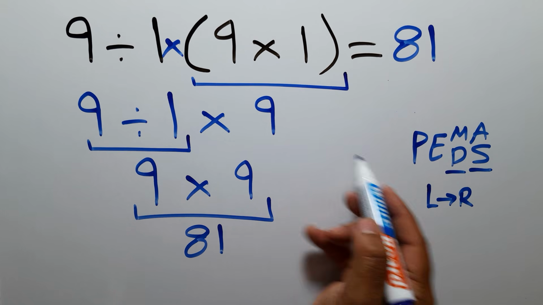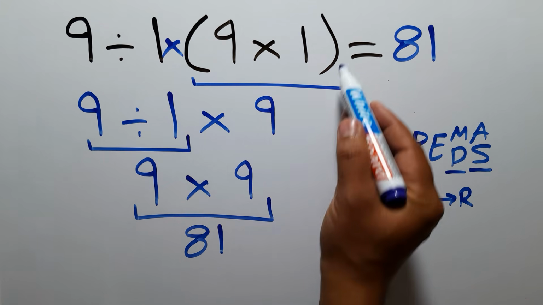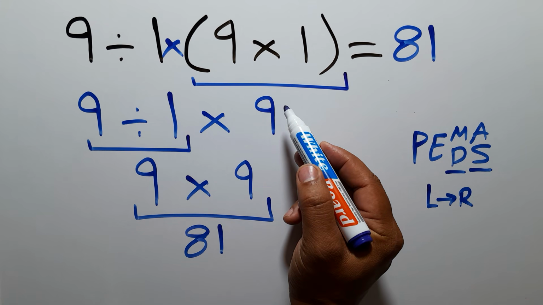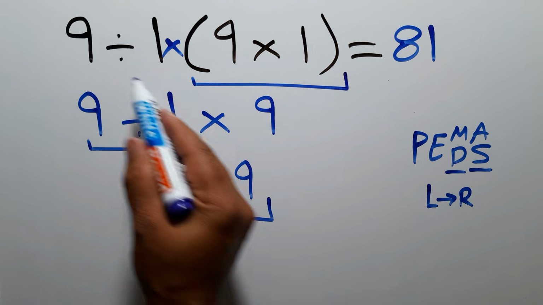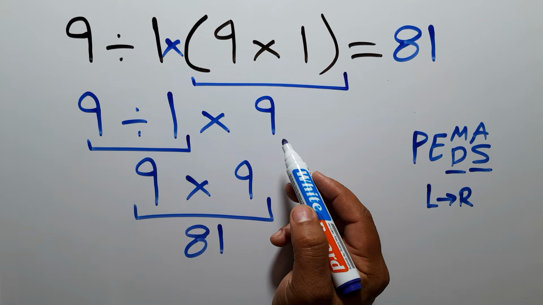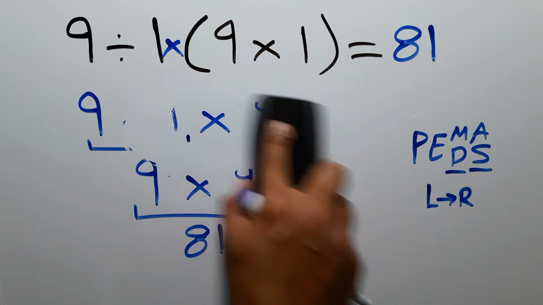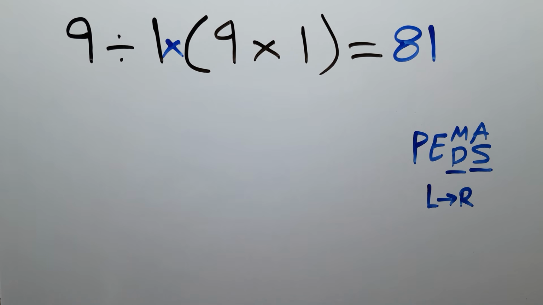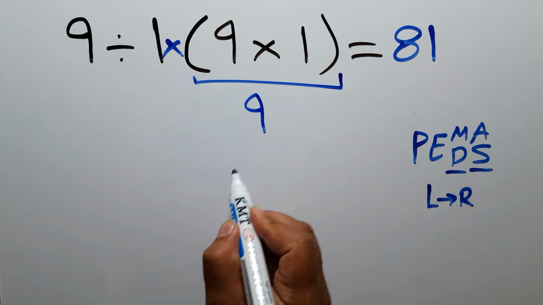But if you don't follow this rule and first do this parentheses, then this multiplication, and finally this division, you'll get the wrong answer. Okay, like this. First this parentheses, 9 times 1 gives us 9.